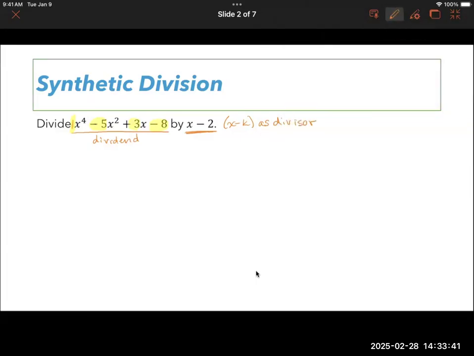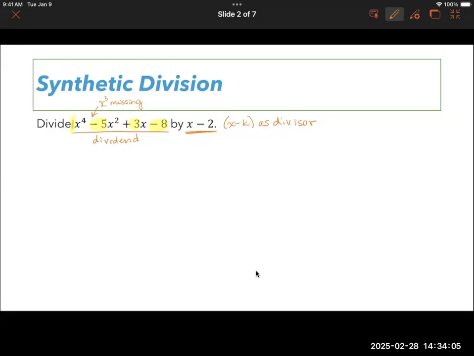Now notice we do not have an x cubed term. So we assume that the coefficient on x cubed must have been a 0, and we're going to include that in this first line that we write down of just the coefficients.